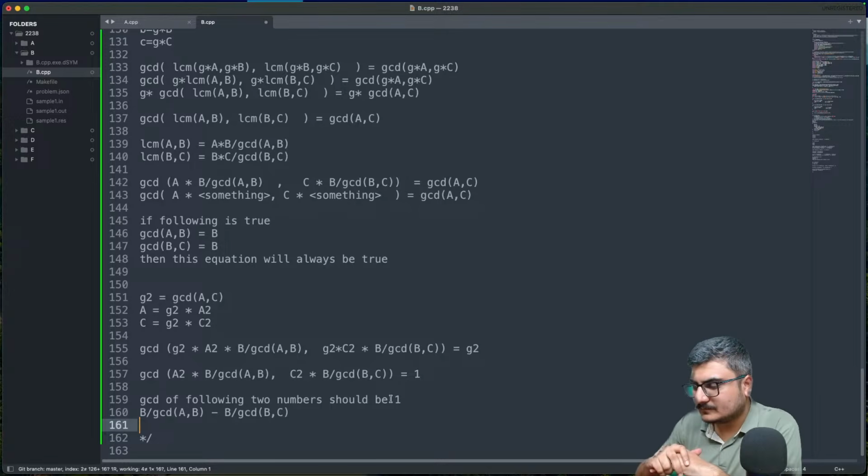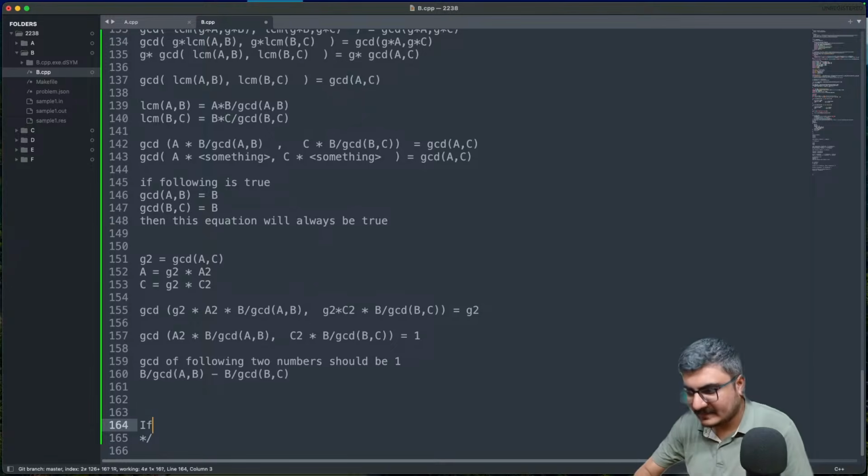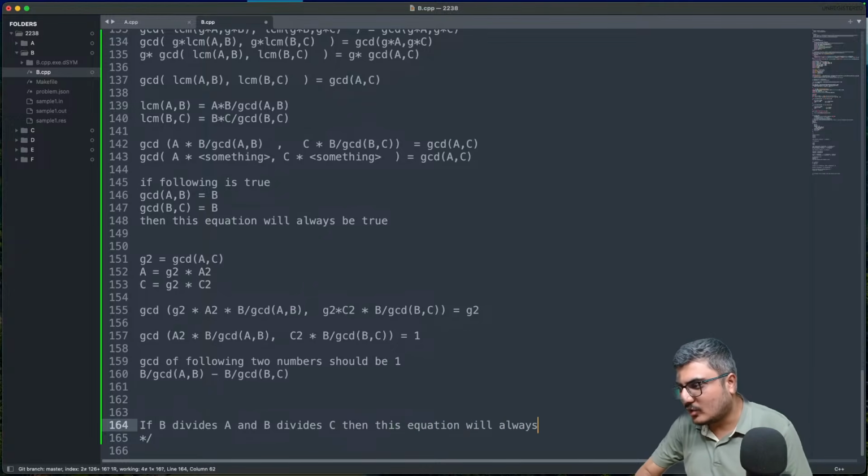My primary claim was that if B divides A and B divides C, then this equation will always hold true. This part we can definitely prove.